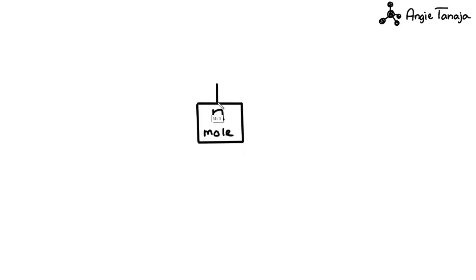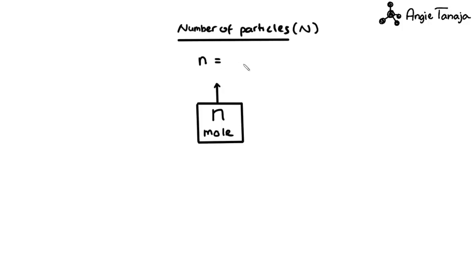If we're talking in terms of the number of particles, then the mole is equal to the number of particles over by Avogadro number, 6.02 times 10 to the 23.